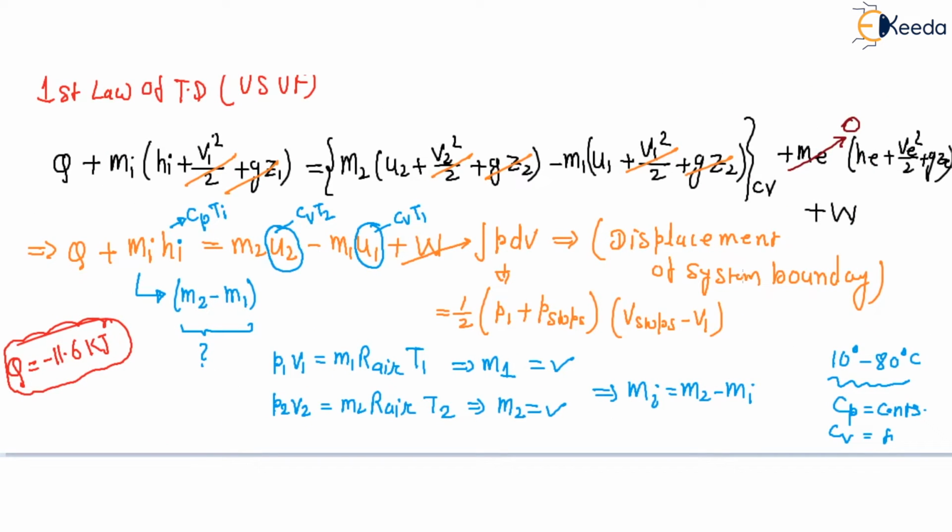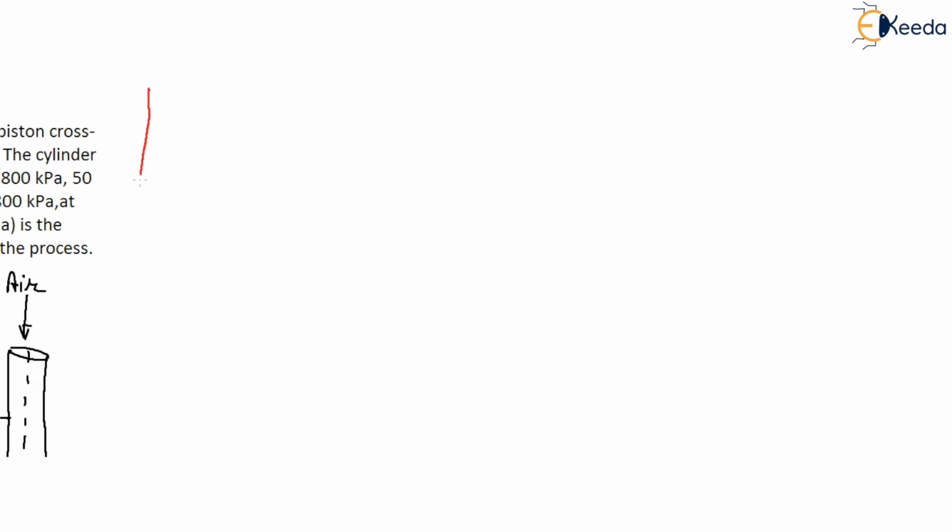Now what is the next calculation? The next calculation is when the piston will hit the stop. First, the heat transfer is minus 11.6 kilojoule, and this is like a PV diagram. If you draw a PV diagram, P and V, this is your linear relation.